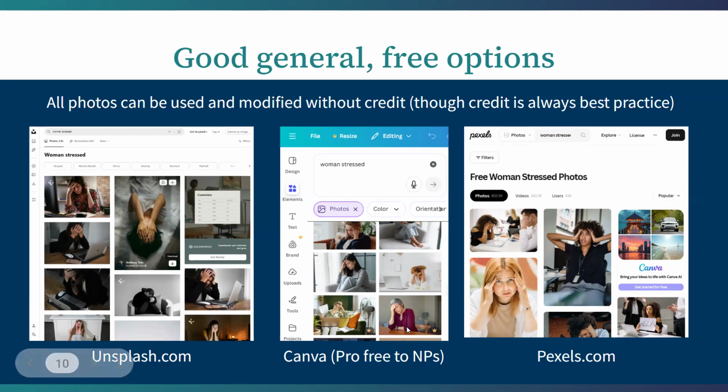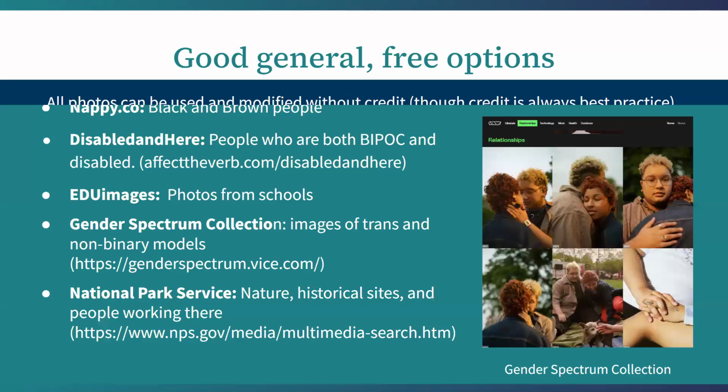So Unsplash, Canva Pro especially, the not Pro is not great photos, but Pro is free to nonprofits, and Pexels. As I said, I'm not going to go into these in a lot of detail because you can explore them at your leisure.